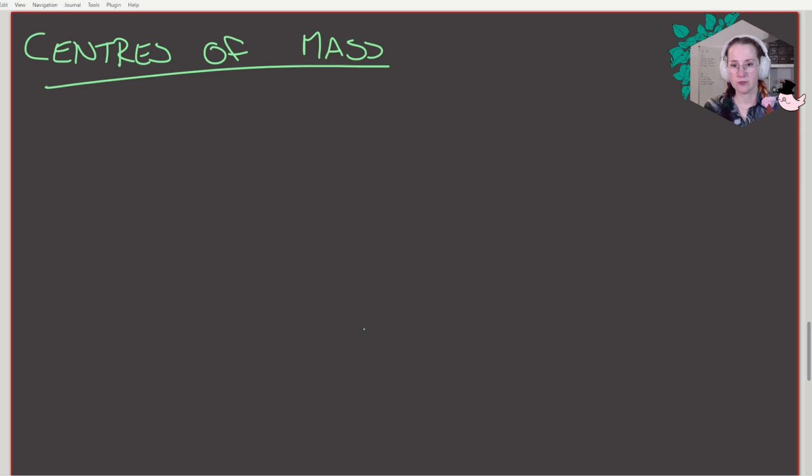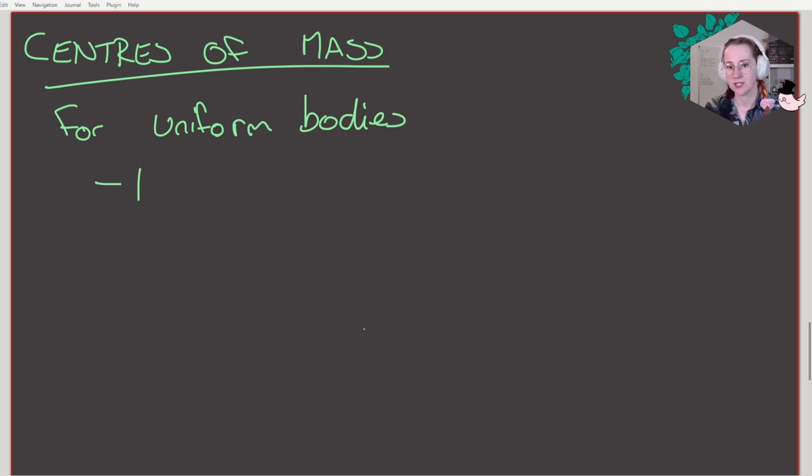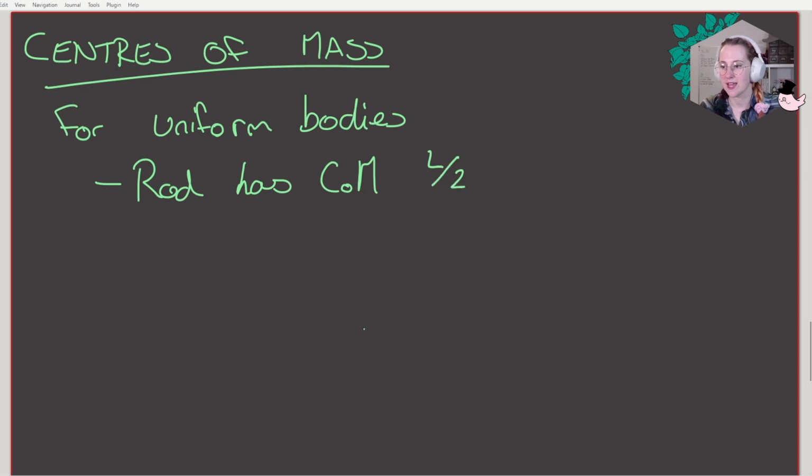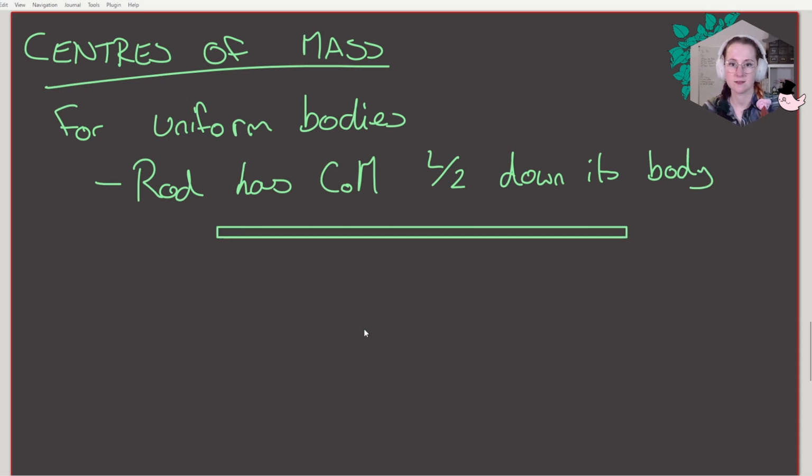So for a uniform rod, the center of mass, COM, is going to be L over 2 down its body.